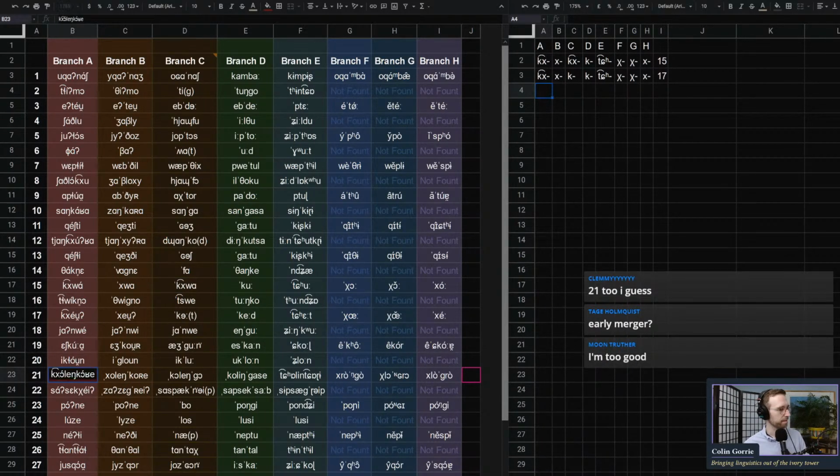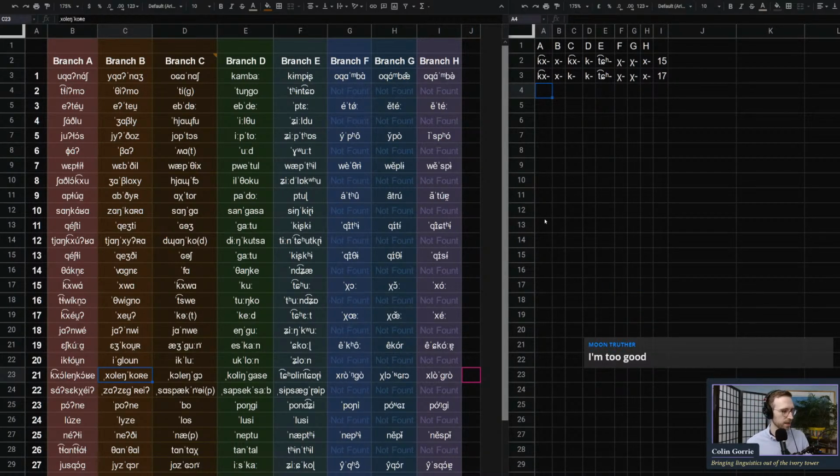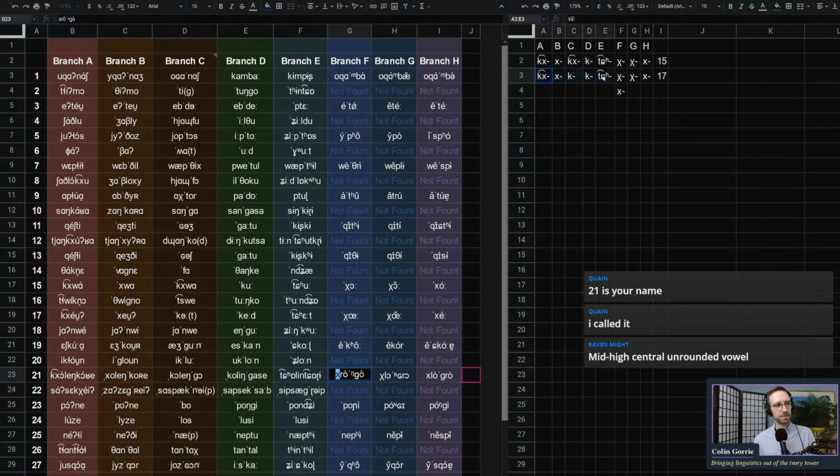What do we have here? It looks like the same correspondence set as 17 exactly. No, not quite exactly. We have another difference. In branch F, we have a velar fricative instead of a uvular fricative.